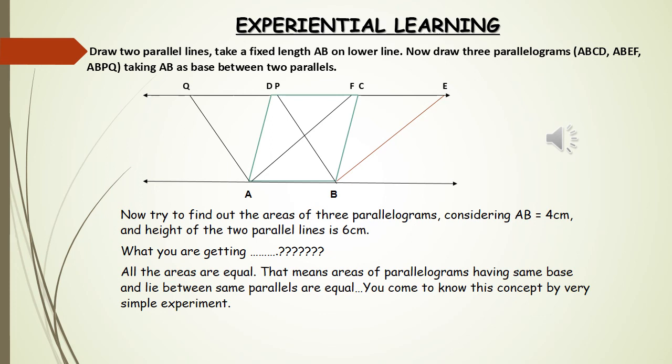Here all the three parallelograms are lying between two parallel lines, where the gap between the parallel lines is same, that is 6 centimeter. Now observe what you are getting. Try to find out the values of the area of the three parallelograms.